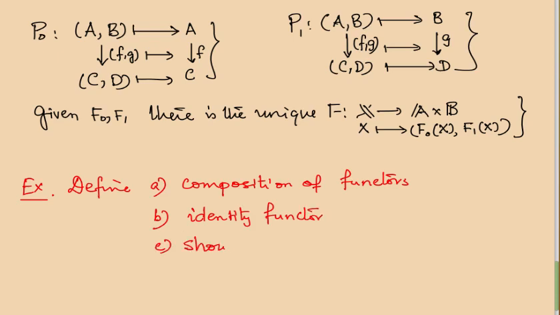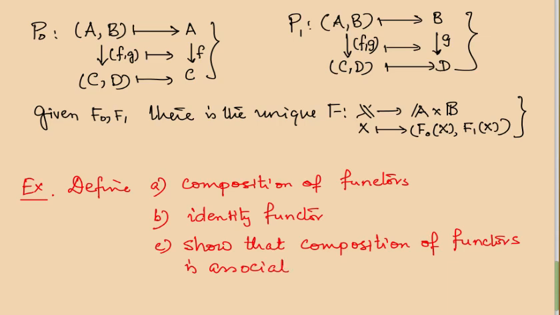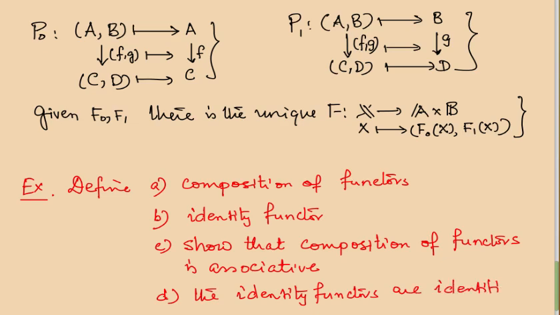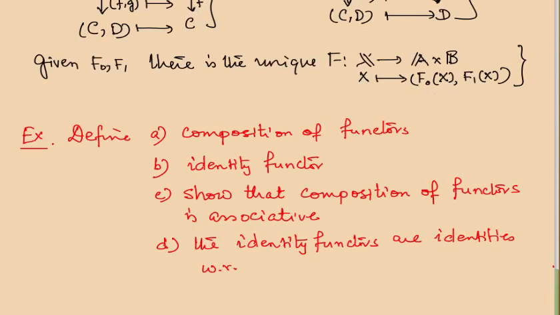Show that composition of functors is associative, and the identity functors are identities with respect to the composition of functors. Right? So that's an exercise.